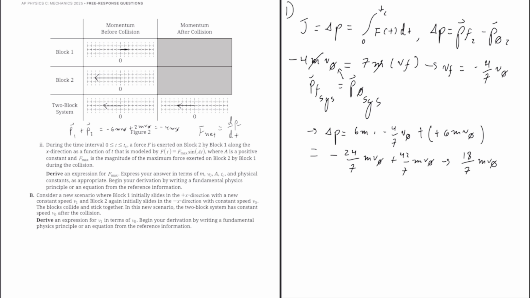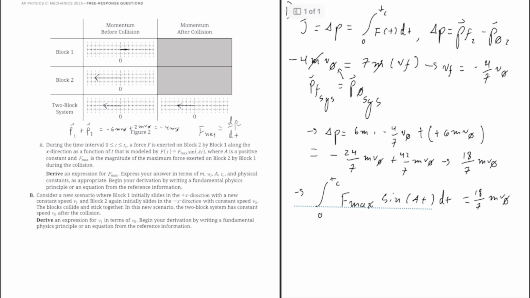So now I can compute this integral and set that equal to this in order to find f max. So we're going to say the integral from 0 to tc of f max sine of a t, because that was the equation, dt equals 18/7 mv naught.